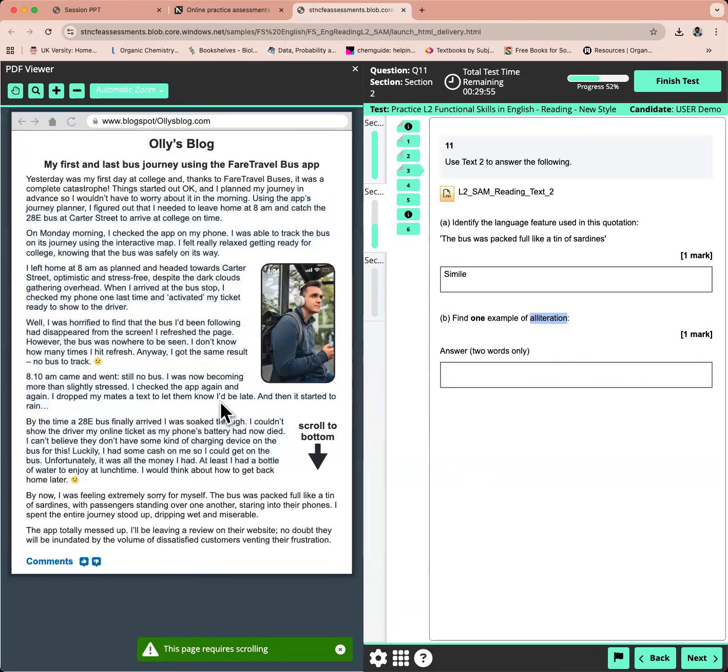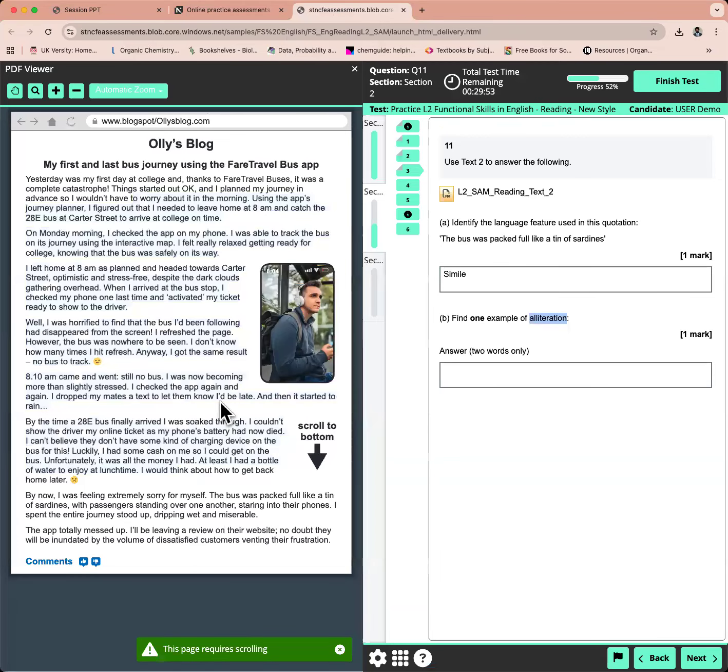So here you have to look at an example of alliteration, and that word, or a sentence which essentially starts with the same sounds, is something you would need to pick out in order to put this across as an answer. Now, in some cases, if you can't find anything, I would still say make a best guess, but if you know what alliteration is, you should be able to find it.